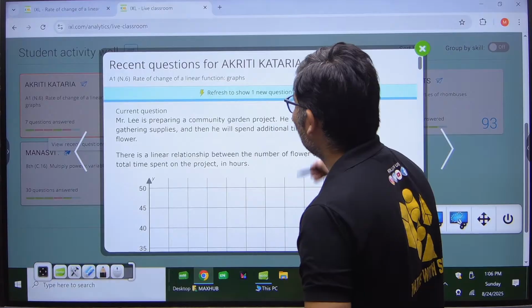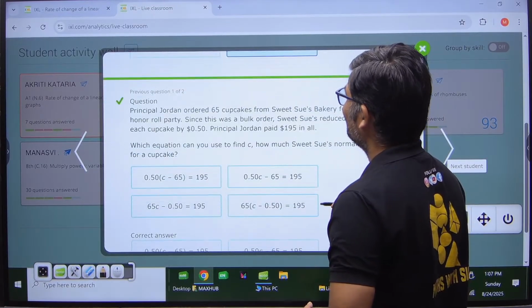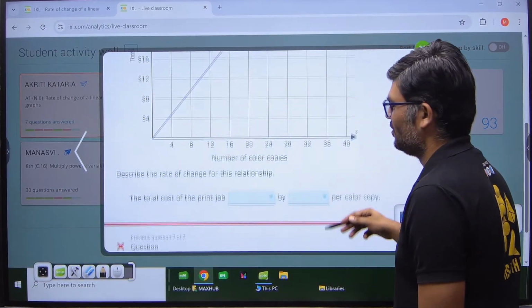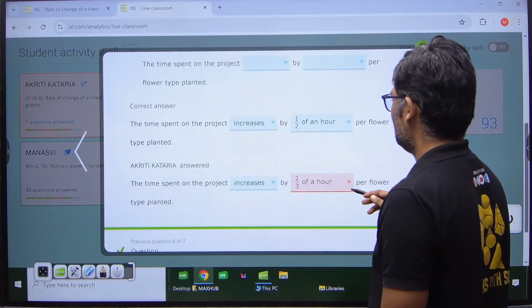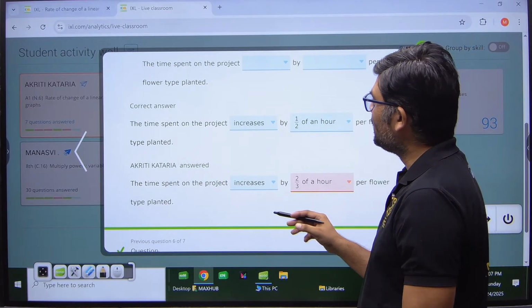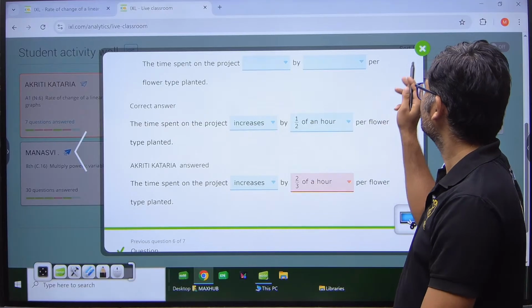Again, Akriti. Misclicked. I'll just use the touchscreen. Okay, 2 by 3 and 1 by 2. I hope that you are understanding what is the right answer, right?